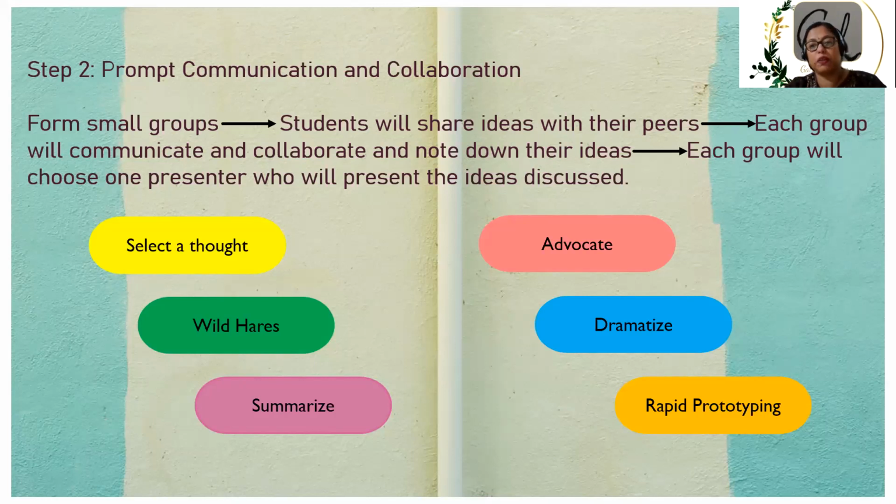How they will dramatize it, I will cover in later slides. Suppose we are teaching pollution, which is a topic in both SST and science. That topic can be dramatized beautifully. All these things we can do for step 2.